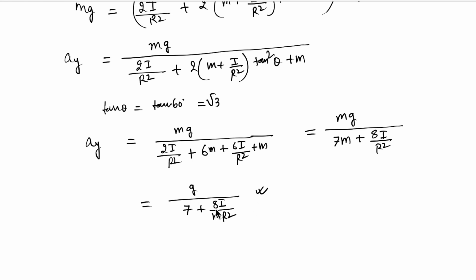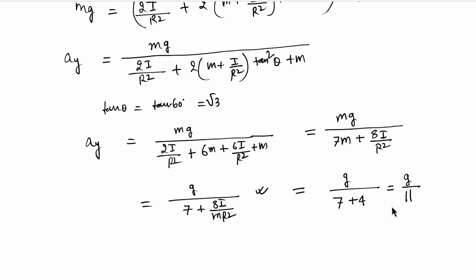In the earlier first case, instead of 8 we had 6. So in case 1, the acceleration is more. So ay is more in case 1. And for a cylinder, this will be g by 7 plus 4, which is g by 11.